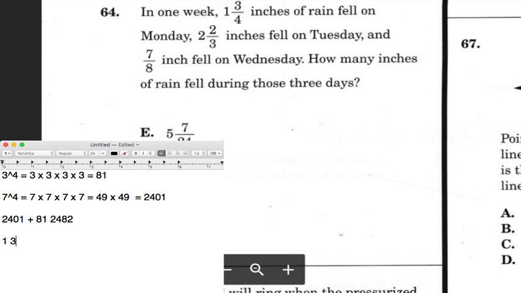It's hard for me to write this on the screen properly, but plus 2 2/3 plus, it's basically going to be 0 and 7/8.